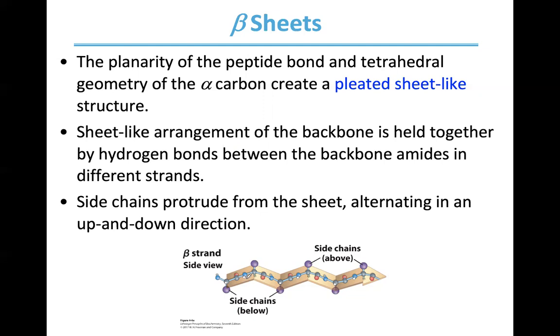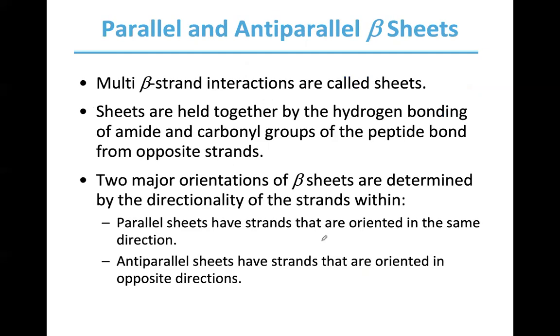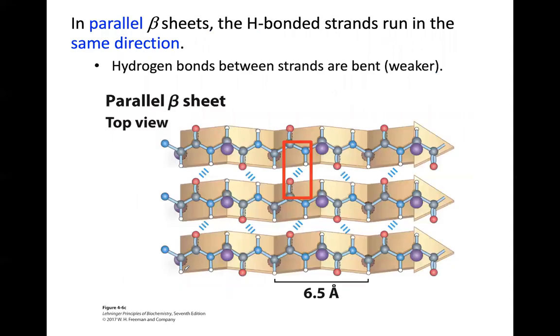So kind of side view. It's not really clear at this point why we're drawing it like this. It will become clear once we draw its partner. Sheets are held together by hydrogen bonding of amide carbonyl groups of the peptide bond from opposite strands. And it's important to keep in mind that there are parallel and anti-parallel sheets. Okay, let's look at those.